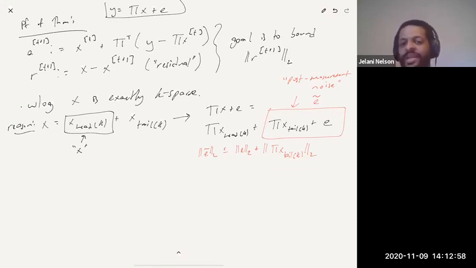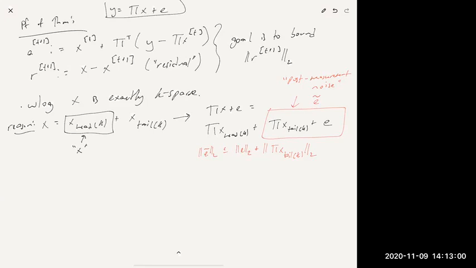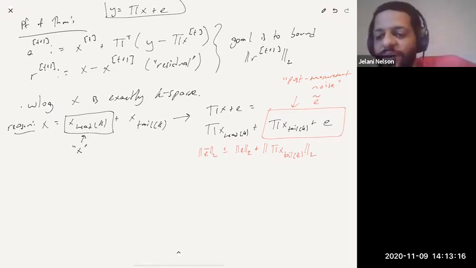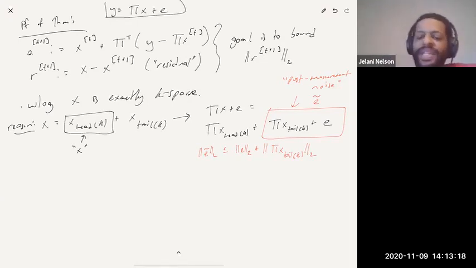But the more important thing about RIP is that not only do you not blow up the norm a lot, you also don't shrink the norm a lot. If x is sparse, the norm of pi x is at most 1 plus epsilon times the norm of x, but also at least 1 minus epsilon times the norm of x.